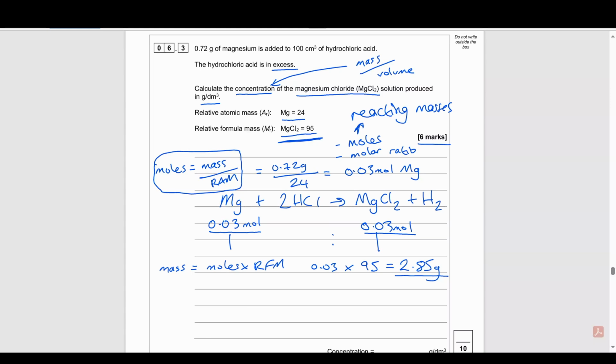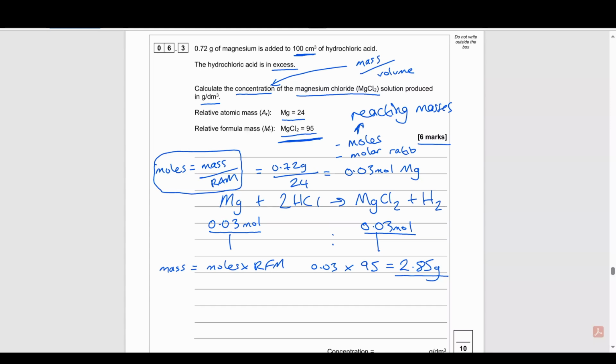But what's our volume? Well, in our question, we've got 100 centimeter cubed of hydrochloric acid. So that will be our total volume. That's in centimeter cubed.